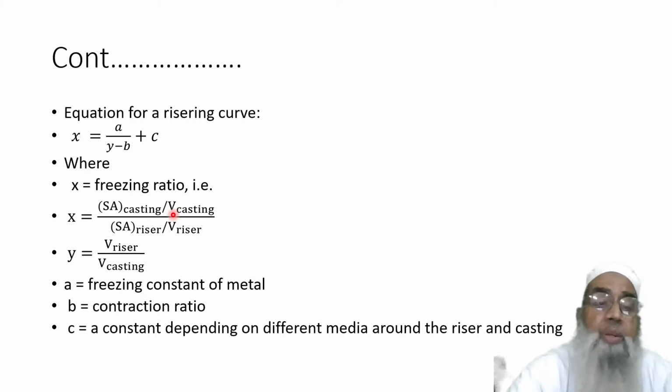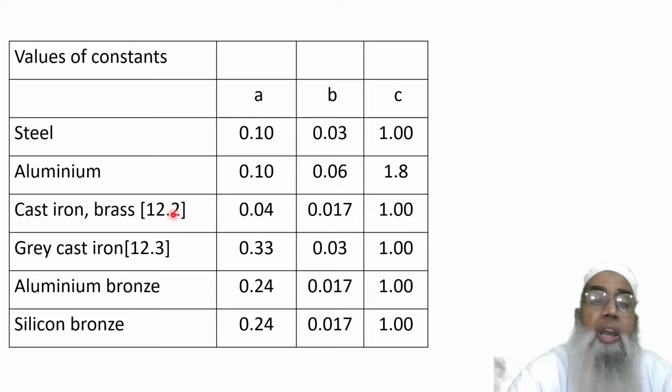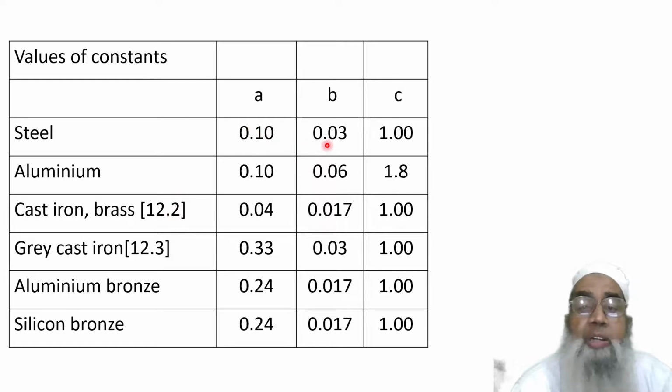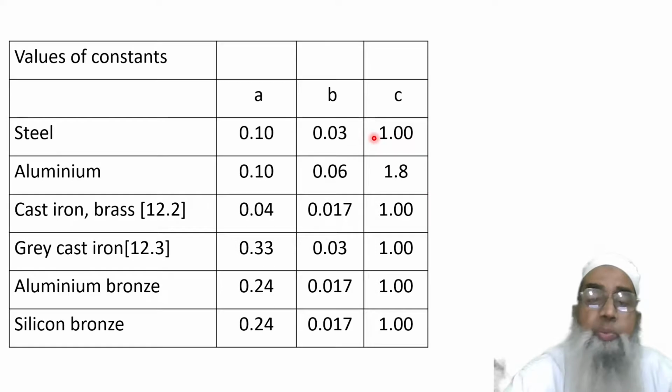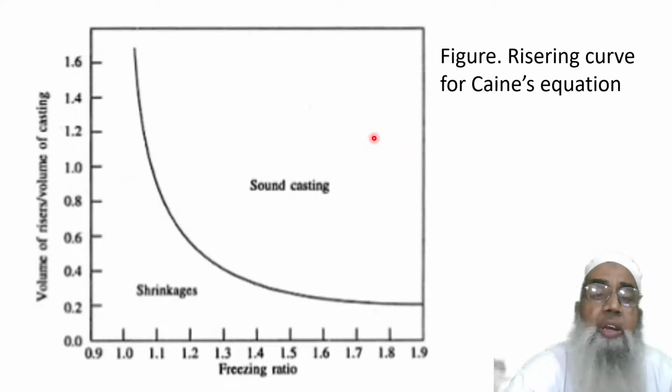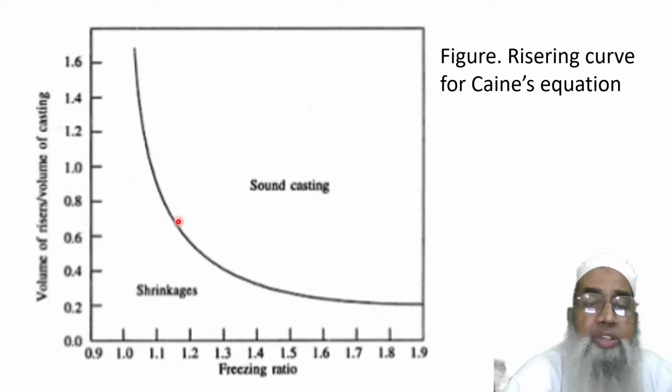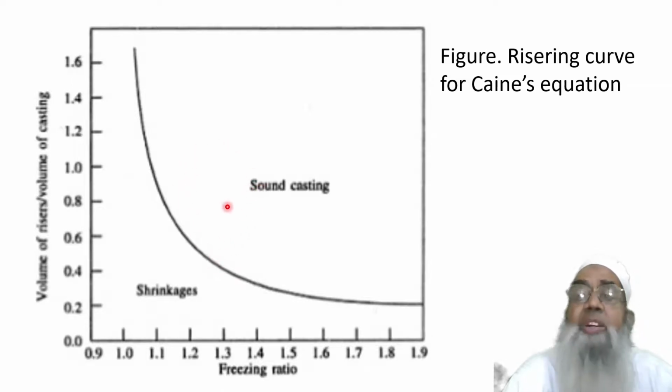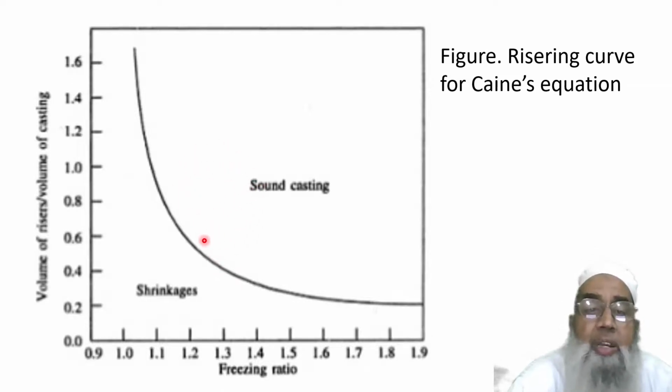From there, we can have the values of A, B, and C, and it is also given in this table over here. Therefore, for the steel, A is 0.1, B is 0.03, and C is 1. Putting these values in the equation, we should have a point on the right hand side of the Cain's curve, so that we can have a sound casting.